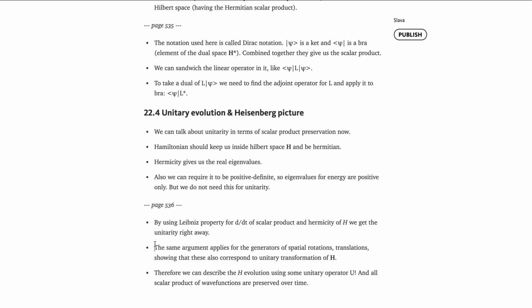Yeah, so basically that's it. And I also have the Heisenberg picture to be discussed here, but I don't have any notes. Anyway, I can add those on the fly.